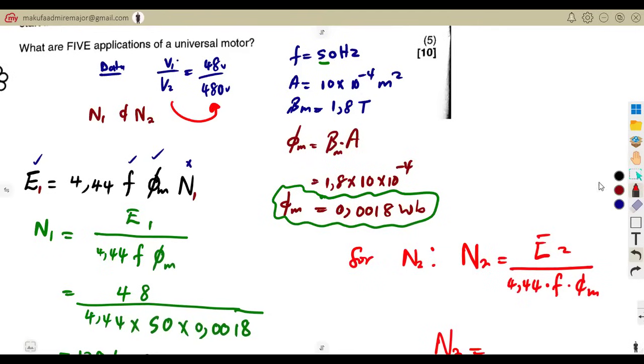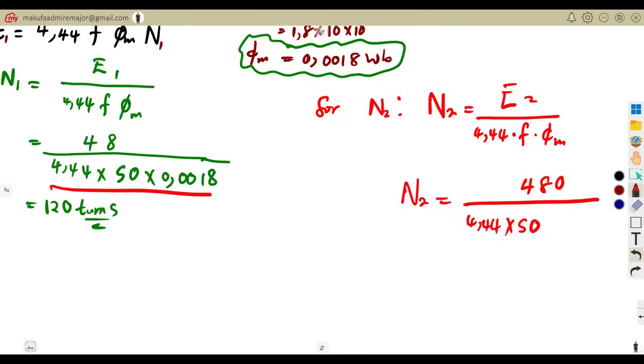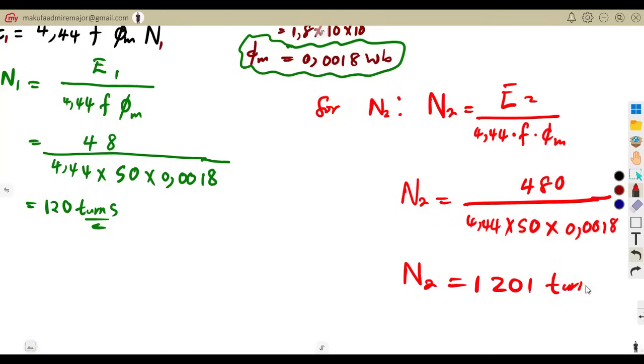V2, we're going to take that as 480 if you're not directly given E. Times 4.44 times the frequency. Remember our frequency was 50, and the maximum flux 0.0018, like this. So that was going to give us N2, which, according to this, is 1,201 turns to the nearest whole number.